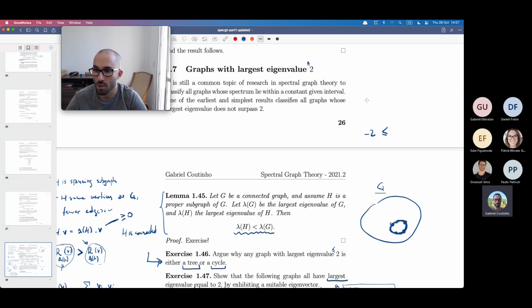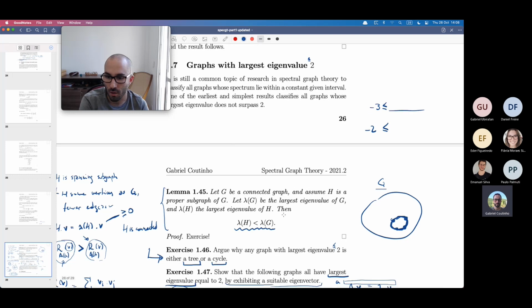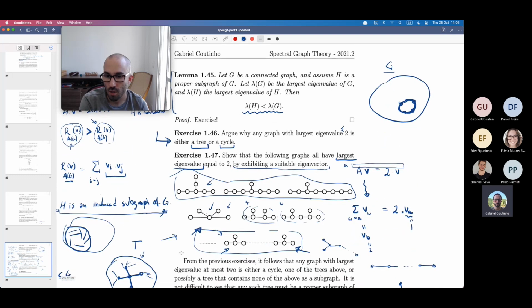As far as I know, there is no full characterization of all graphs with smallest eigenvalue bigger than -3. So these things are not easy at all. It truly consists of examining things and finding some examples, but only for largest eigenvalue 2, it's as simple as you have just witnessed.